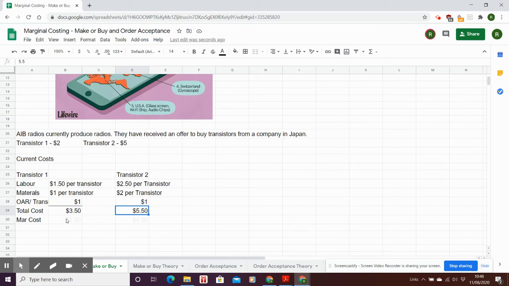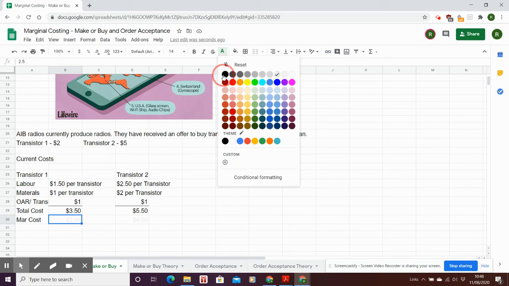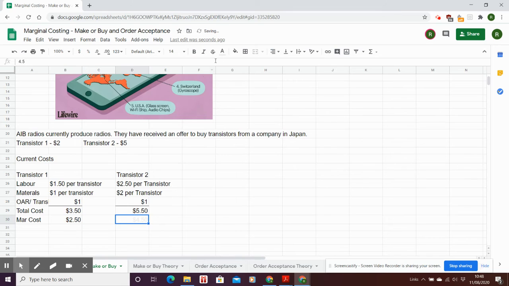If we look at a bit more detail at the marginal or variable costs, and we'll call it marginal costs here because that's what we're looking at, marginal costing. When we look at the marginal cost, what we will find is that transistor 1, the marginal or variable cost of manufacture is $2.50, which is also more than the cost of buying in transistor 1.